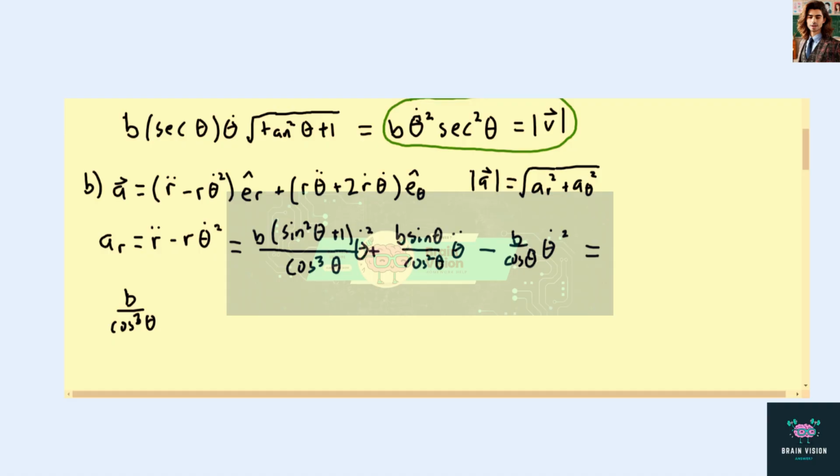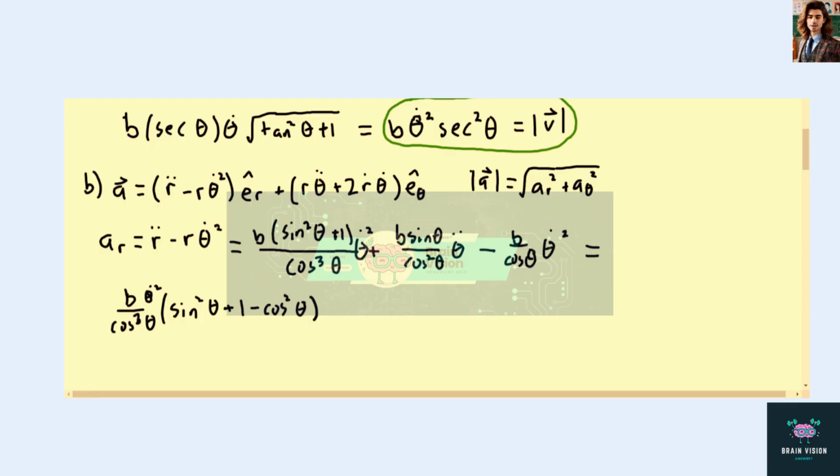And so we'll factor, so we'll have this sine squared theta and b theta dot squared. Okay, so sine squared theta plus 1 and minus, so we'll turn this third term into a cosine squared theta, which will help us to simplify.